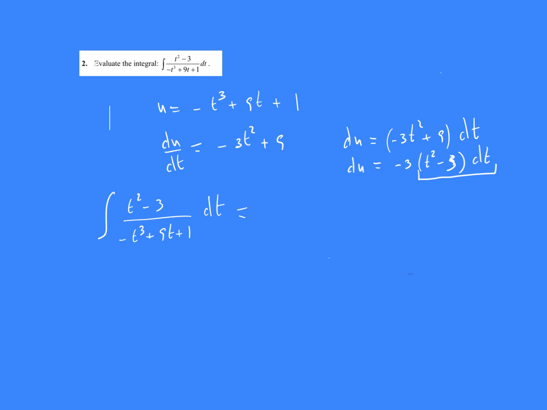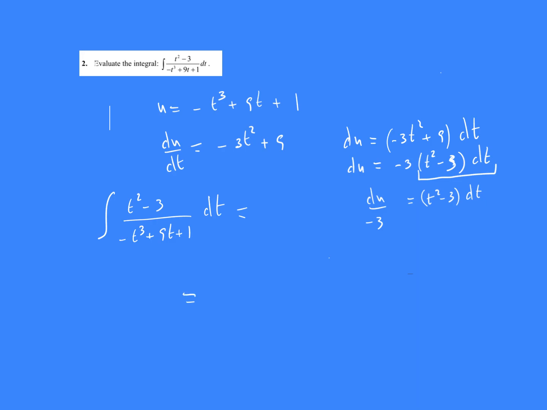Minus multiplied by minus is plus. And (t squared minus 3) dt is du divided by minus 3. So what is in the numerator, (t squared minus 3) dt, will be du divided by minus 3.